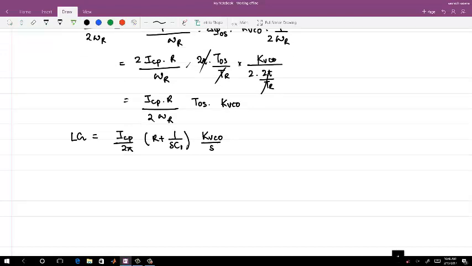This was the case, right? Which is ICP by, let me just write it as ICP by 2 pi into KVCO over S C1 into 1 plus SRC1.